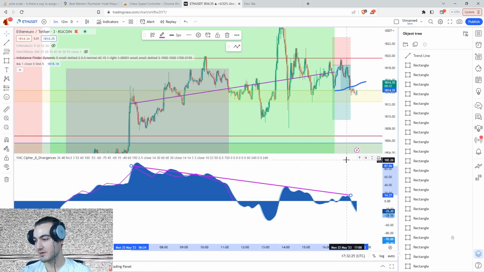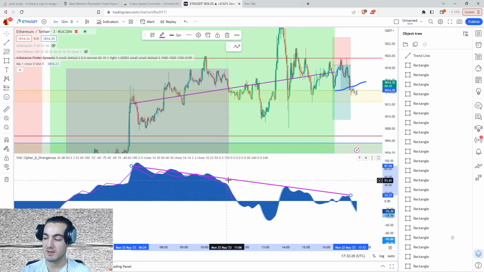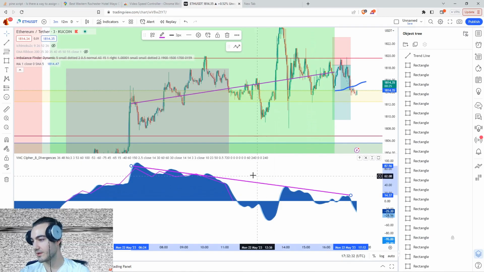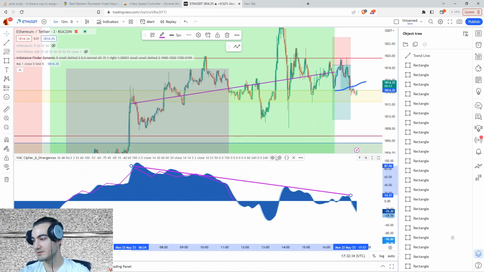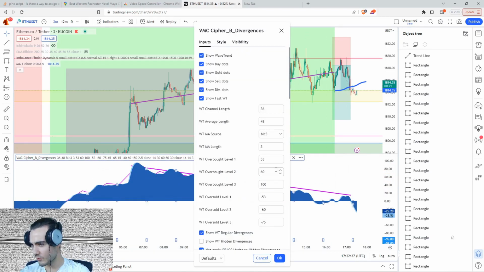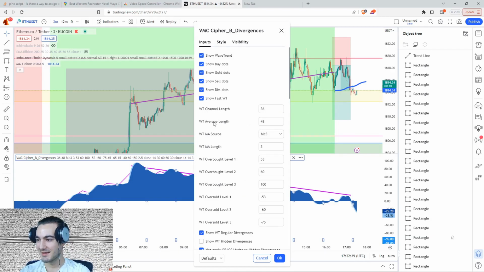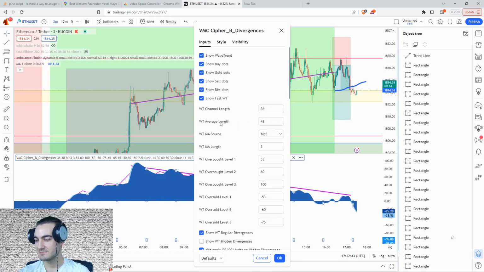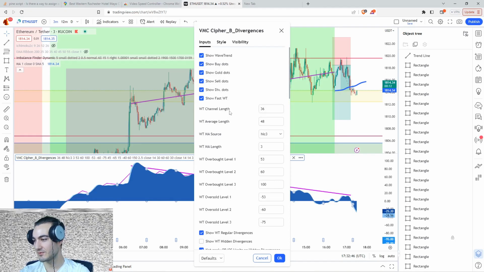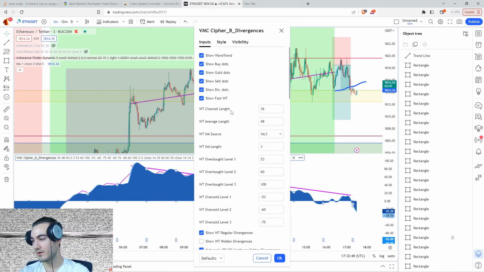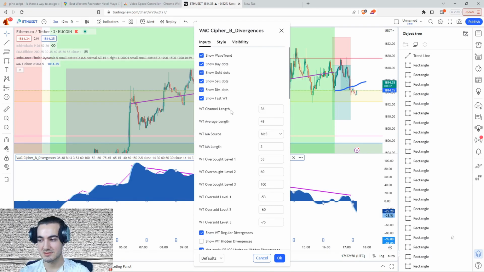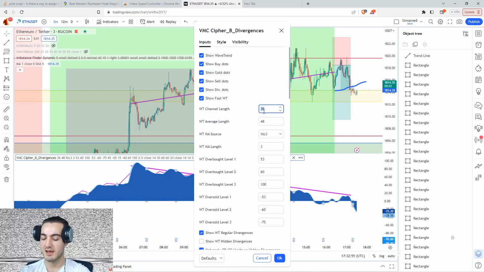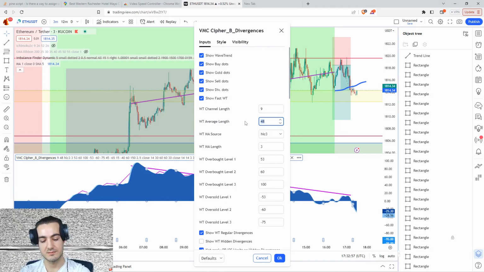Rather than displaying the 3-minute momentum waves, I wanted it to display what it shows me on the 12-minute. It's not that hard to do once you figure out what these things mean. Basically, this controls the periodicity, or whatever you want to call it, of how far back the indicator looks when it's gathering its data. The default values for these are 9 and 12.